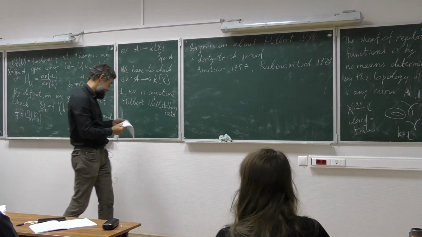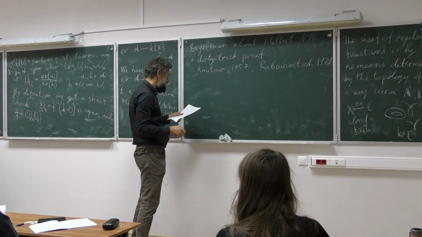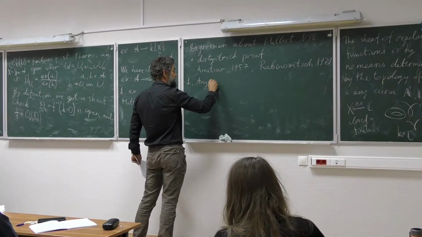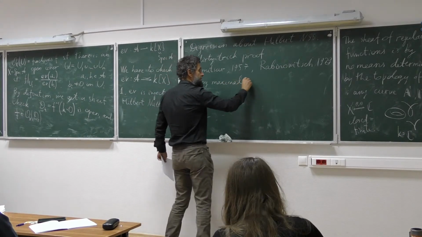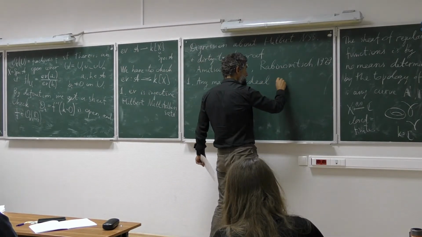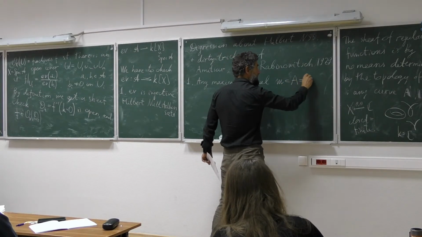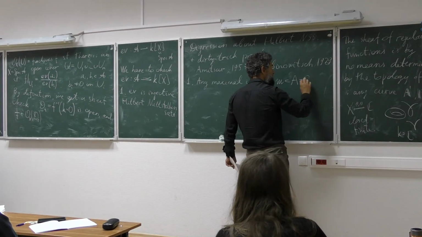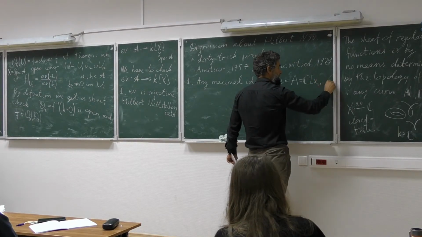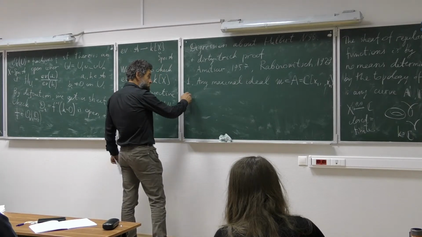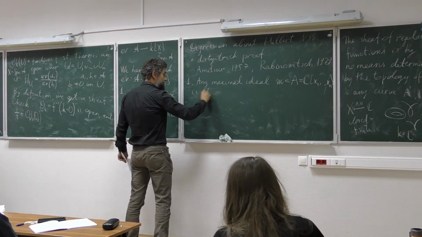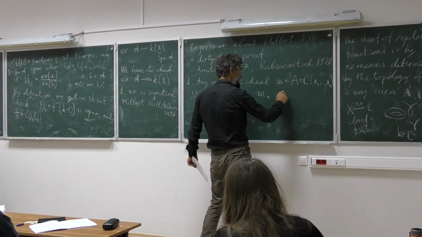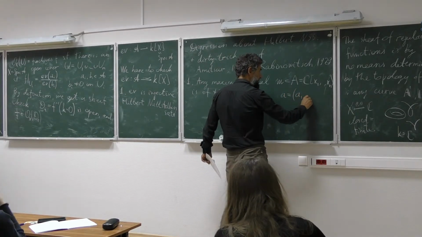Maybe let me first formulate it this way, that any maximal ideal M in the algebra of polynomials, say over complex numbers, okay, let it be complex numbers for a moment, is of the form M_a, where a is the point (a1, and so on, an).